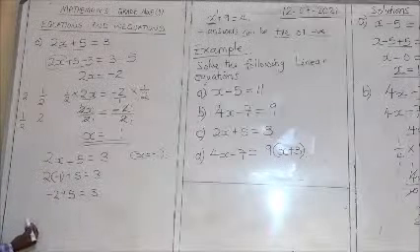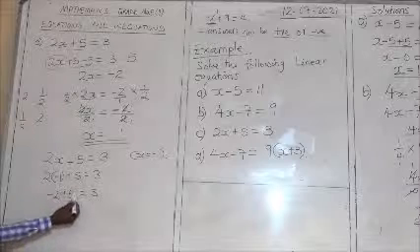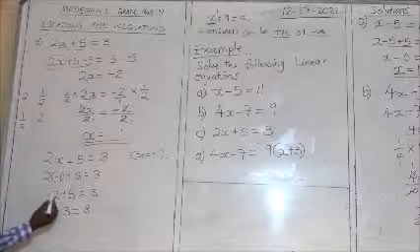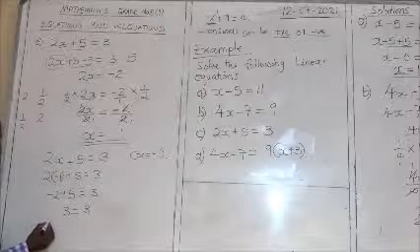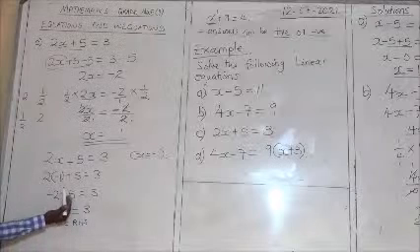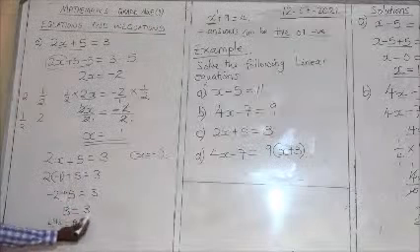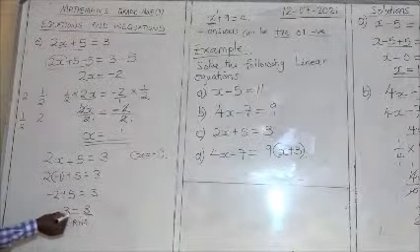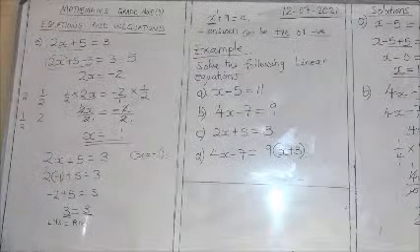So look at the left hand side, negative 2 plus 5, the result is 3, which is equal to the right hand side. So the left hand side is equal to the right hand side. So we have proved that the value of x is negative 1.